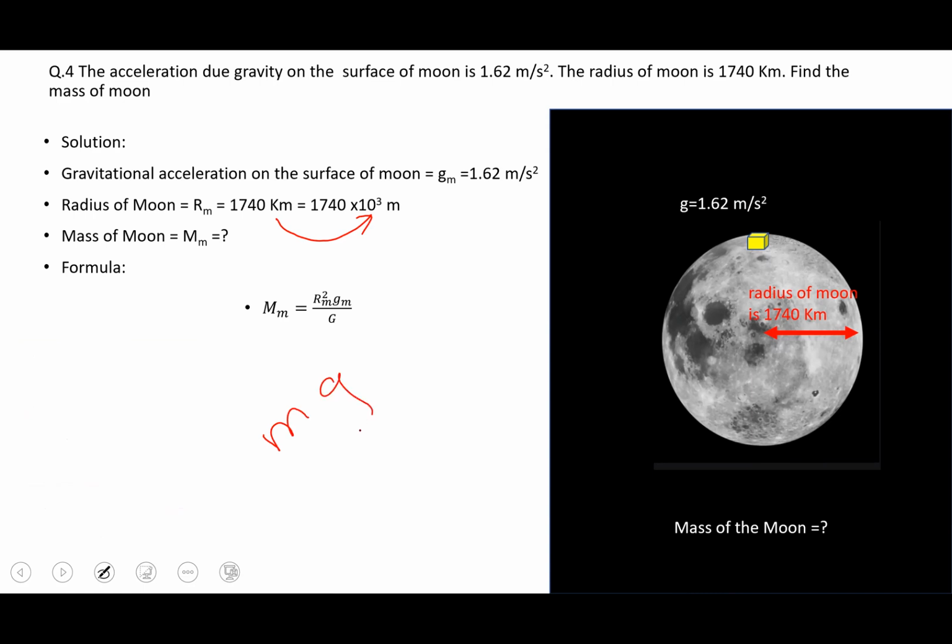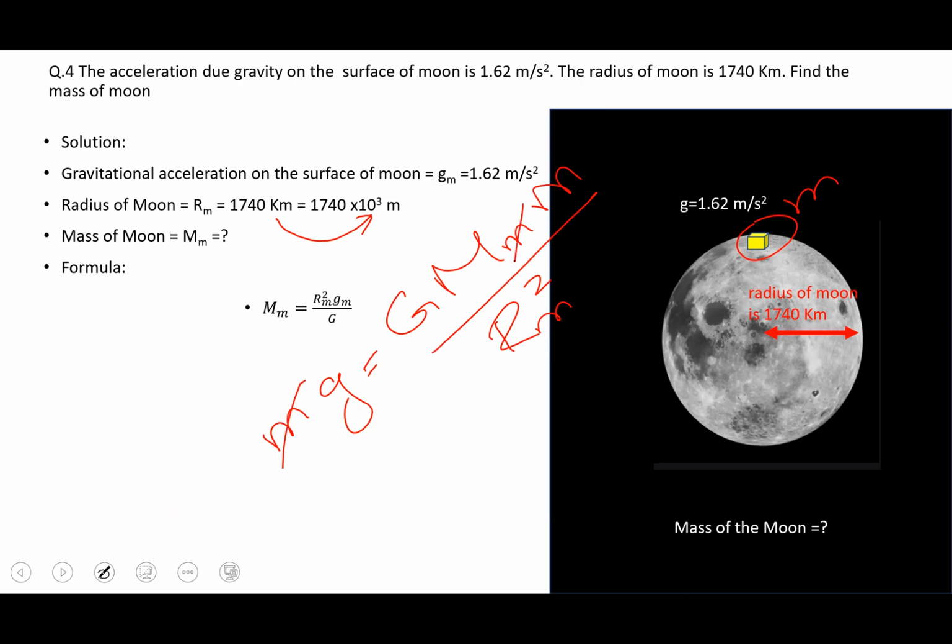Again, the formula comes from this: the weight of the body, let's say this body which has a mass m, is equal to the gravitational force of the moon, which is equal to capital G, mass of the moon into the mass of the body, divided by the distance between the two. The distance is very small as compared to the radius of the moon, so we take the radius of the moon, r squared.